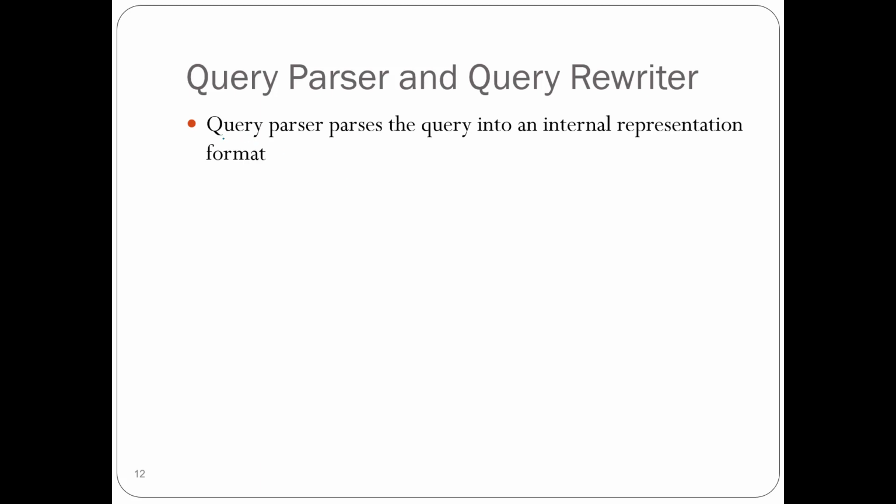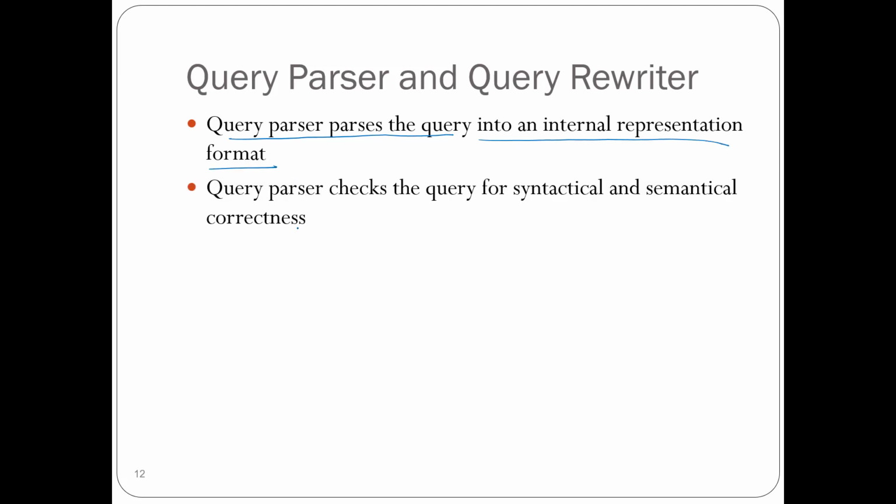Okay, so the query parser parses the query into an internal representation format. Then the query parser will check for syntactic and semantic correctness. This kind of thing was being done for data definition language statements by the DDL compiler.